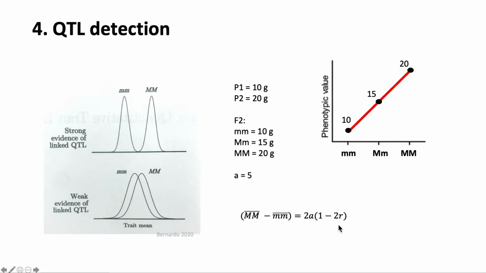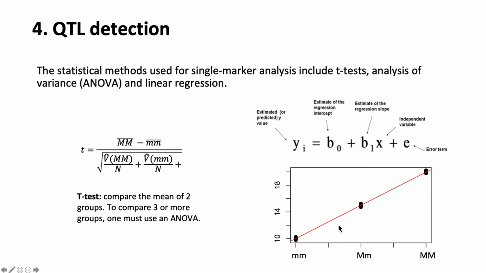So that is why it is important to estimate the recombination. There are other approaches, maybe easier to understand, to estimate if one marker has association with the phenotype. Here again we can do a t-test that basically compares the means of two genotypes, in this case the two homozygous.